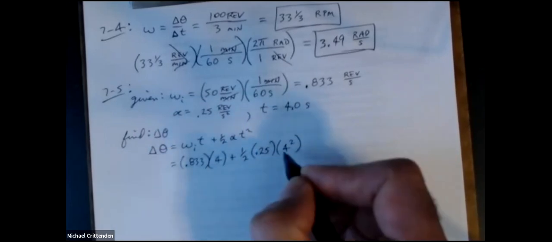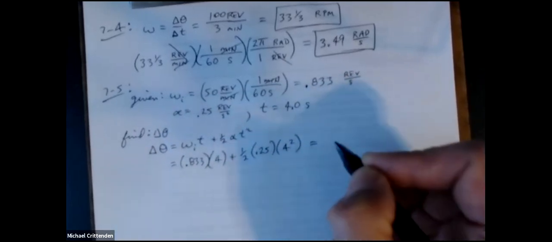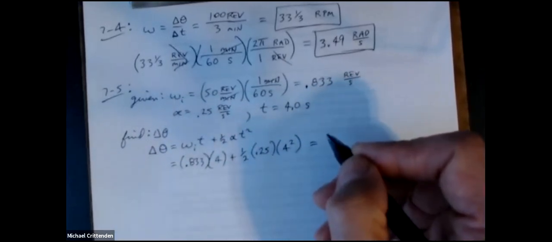Revolutions per second squared times seconds squared, because the unit gets squared along with the 4. That'll give me revolutions also. When you add numbers together, the units have to match. Revolutions plus revolutions. And it comes out 5.33.